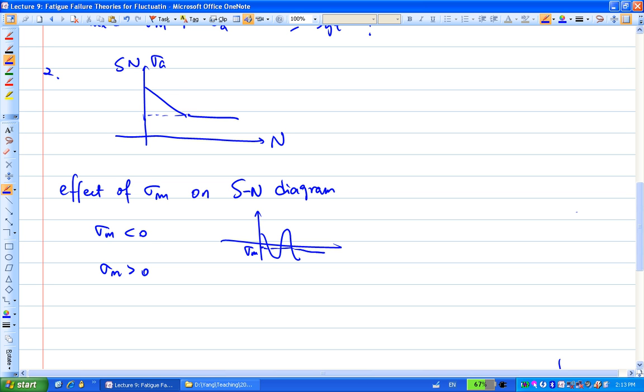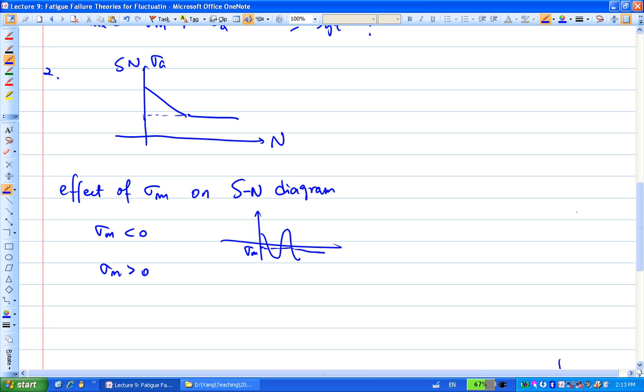So you have a mean value which is less than 0, which is not tensile, it's actually compressive. When we learned fatigue loading, we said there are 3 stages of the process. The second one is crack propagation, and the crack propagates only under what?